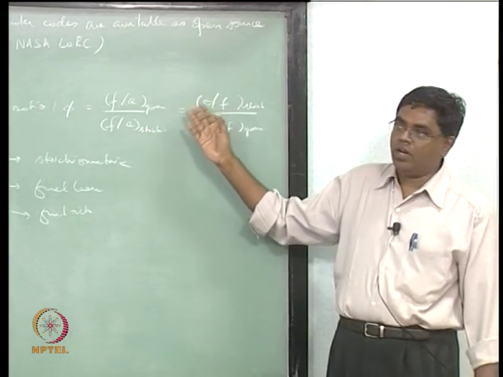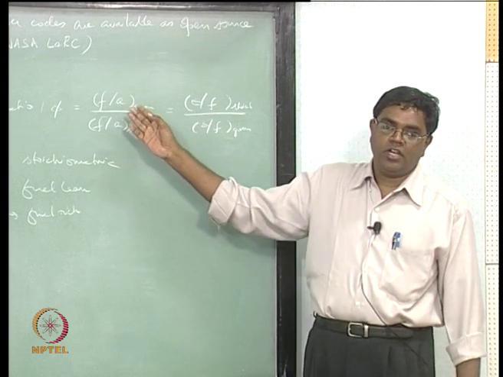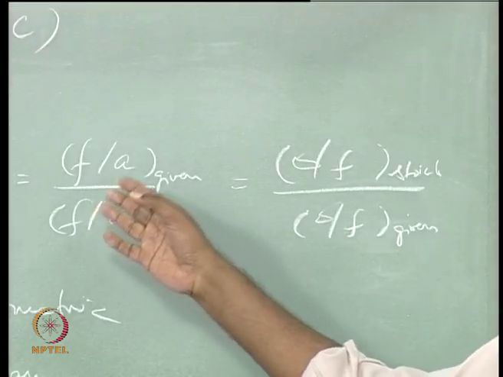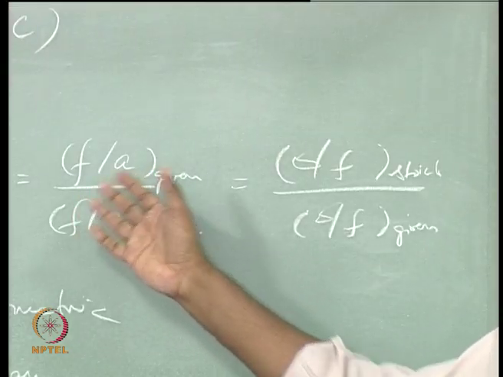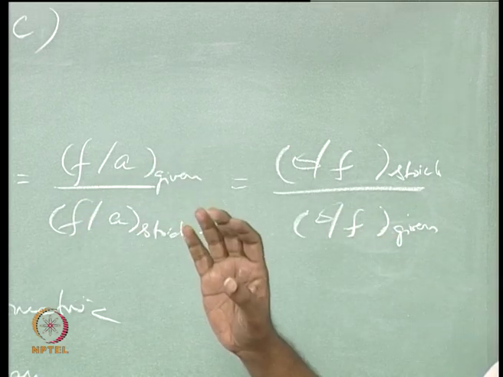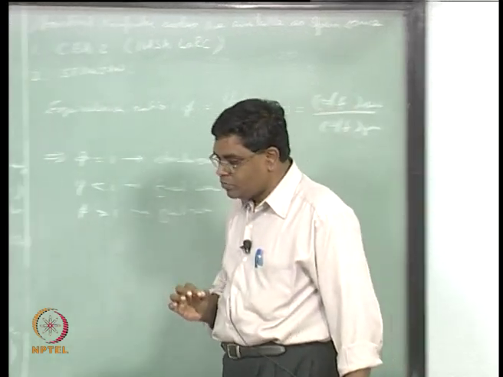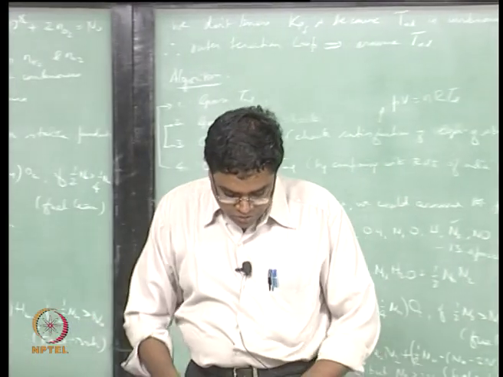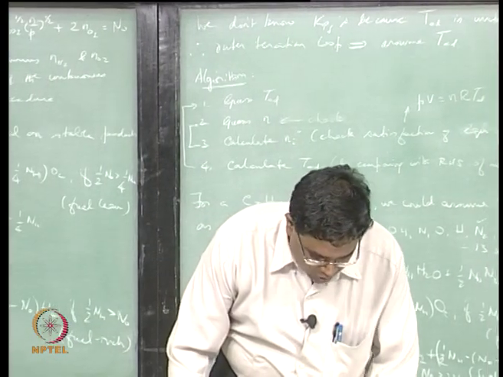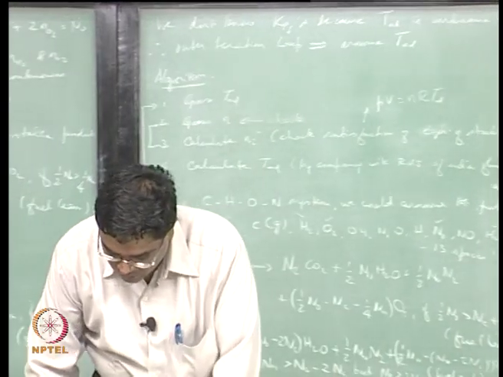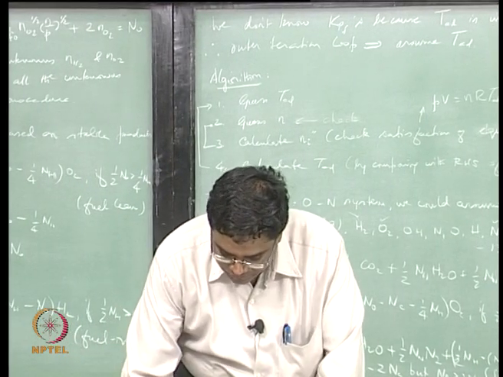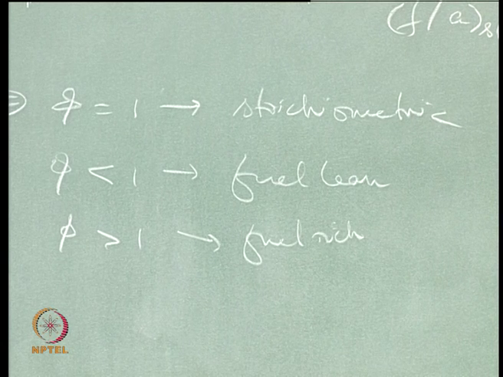So you can say m dot f divided by m dot a, divided by m dot f divided by m dot a stoichiometric. All those things are permissible, but it's all mass ratios. Fine. So with this I should stop this particular module, and let me now get into the next topic, which is chemical kinetics.